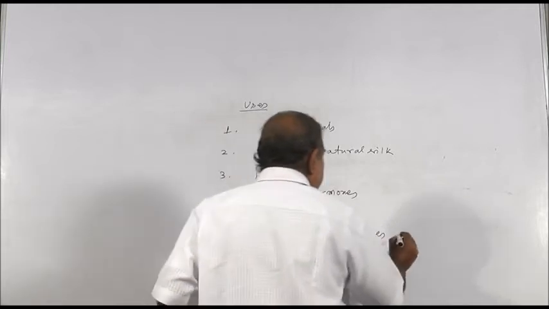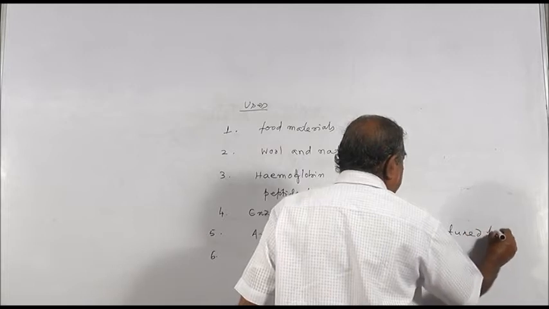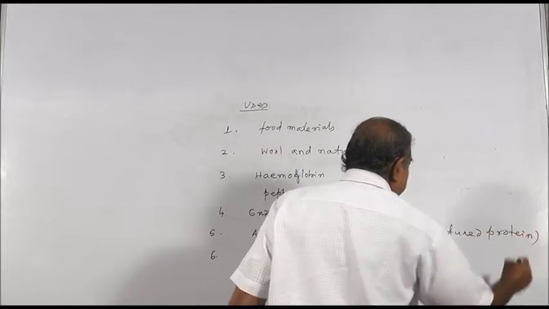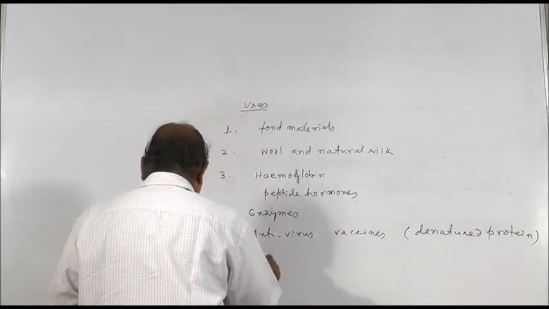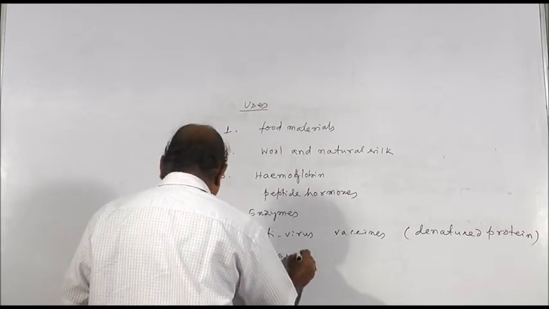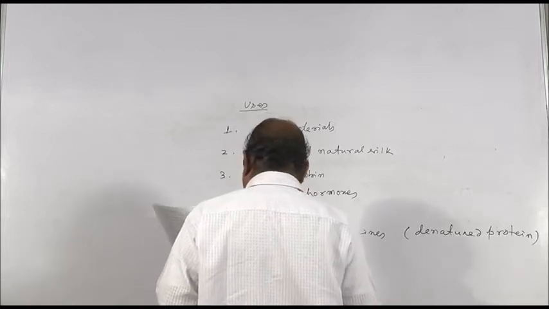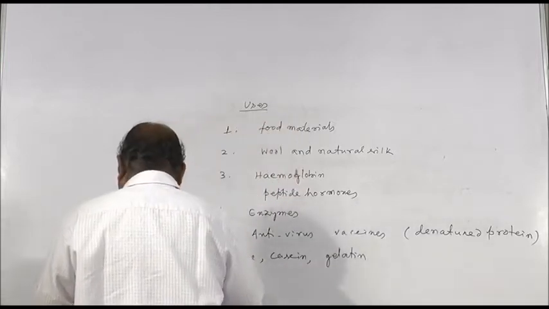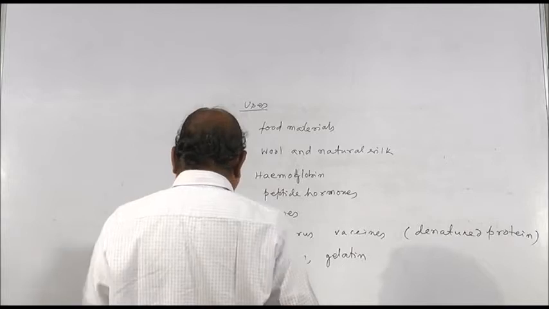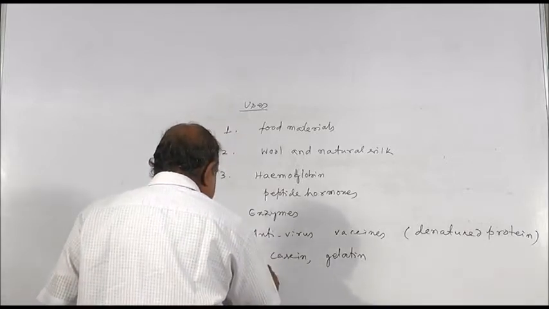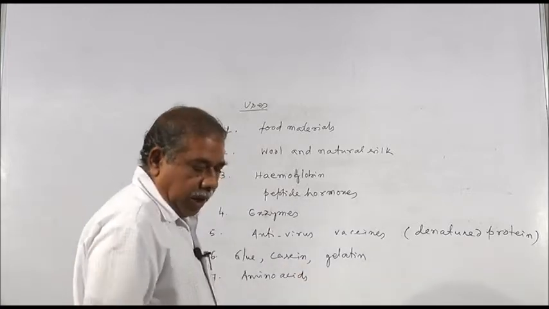We use this in the form of denatured protein, in the denaturation form. Sixth, we find glue or casein or gelatin, which find industrial applications, are also protein in nature. Proteins are also sources for different amino acids.